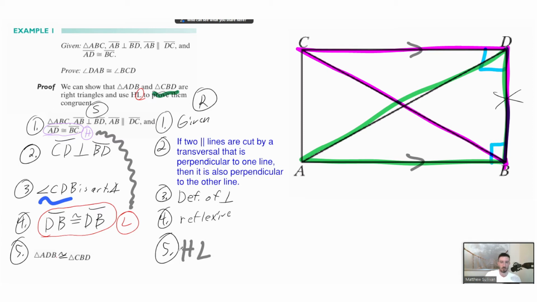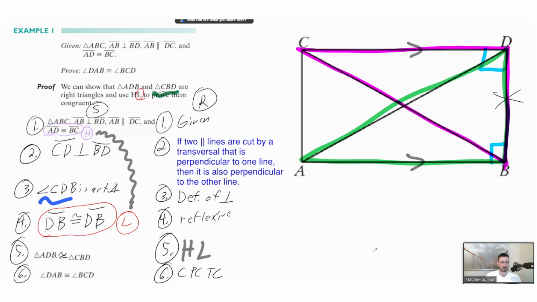But did they want me to stop there? What did they want me to do? It's the CPCTC thing, because you still have to prove the angles are congruent, because corresponding parts of congruent triangles are congruent, right? You got it. That's statement 6 and reason 6.